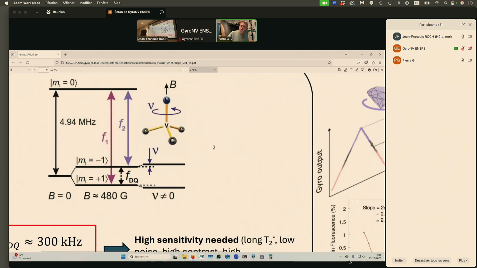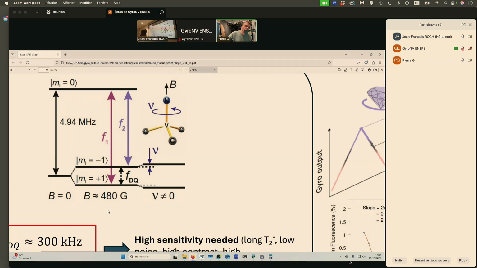Yeah, okay, so I can quickly sum up here. We are looking at this frequency, what we call the double quantum frequency. And this frequency depends on two parameters, the B field, okay, and the rotation rate around the NV axis, okay? That's called nu here.